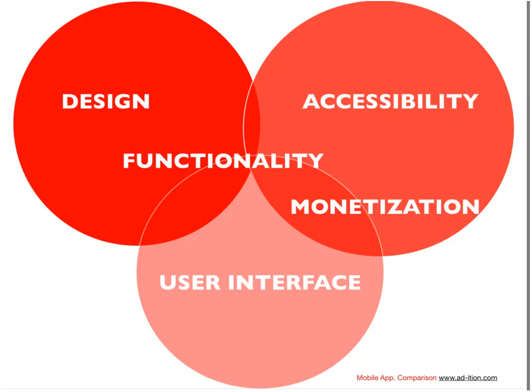For our comparison today, there's probably a million and one things that we can compare them on, but we've grouped particular comparison points under specific headings. The headings that we're using today are design, accessibility, functionality, monetization, and user interface. All equally important, we feel.